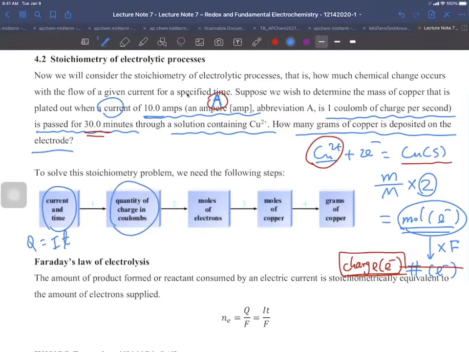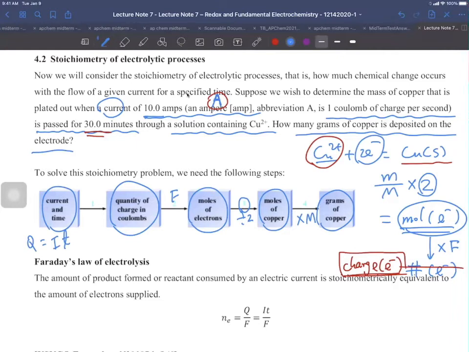Then by dividing by the Faraday's constant, we get the moles of the electrons. The number of electrons transferred during the process is 2 in this case, so we divide by 2 to get the moles of the copper, and then we multiply by the molar mass of copper. Finally, we get the mass of the copper.